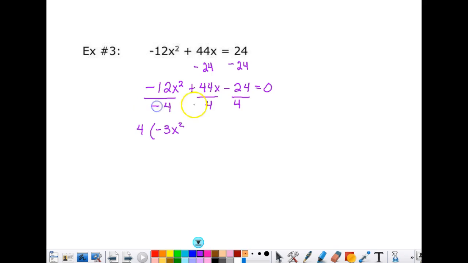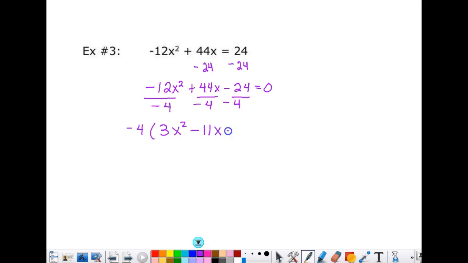So if your trinomial starts out with a negative, make sure your GCF starts out with a negative, because it's harder to factor when your trinomial starts out with a negative number. So now negative 12 divided by negative 4, y'all are probably ahead of me now, is what? 3x squared.